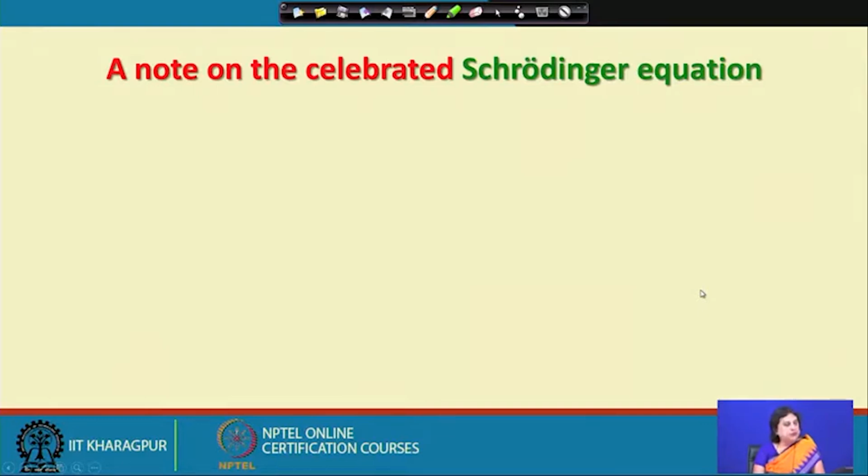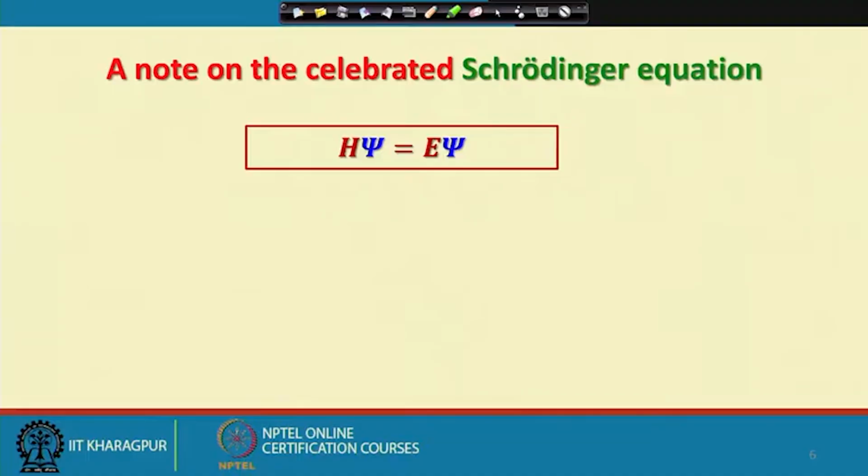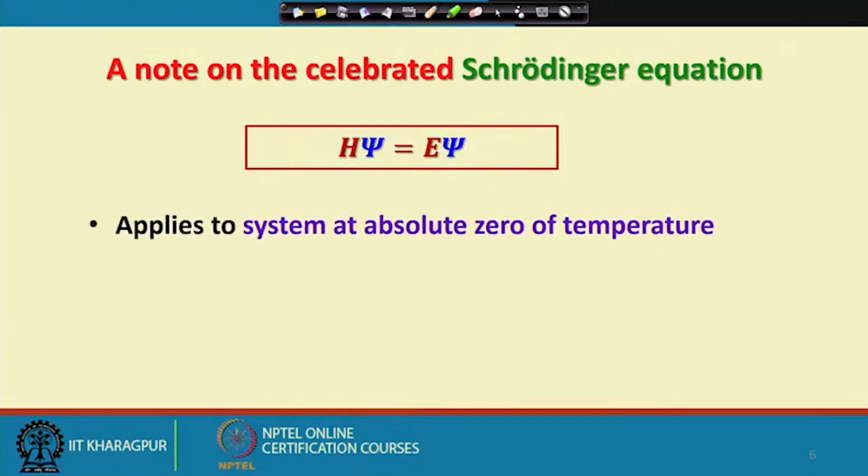Now, before I proceed further, I would like to point out that whenever you are using the Schrodinger equation, you must be very careful in the sense that the Schrodinger equation at the microscopic level, when it describes the properties of the system, one solves the Schrodinger equation at absolute 0 of the temperature.